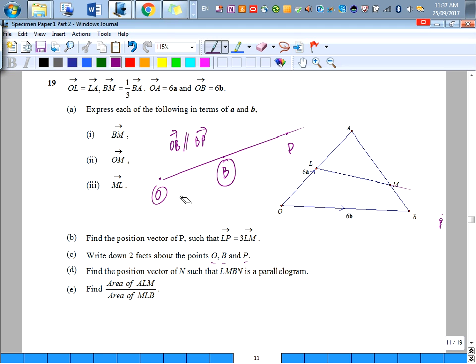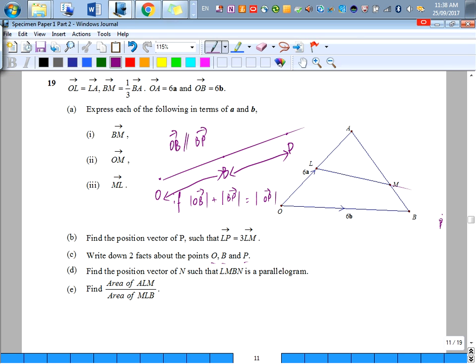Let me show you. It's just the length of OB, the length of BP, and the length of OP. If the magnitude of OB plus the magnitude of BP is equal to the magnitude of OP, then they are collinear.